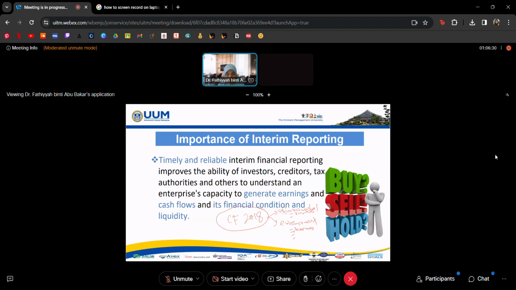Okay, so let's look back at the slide. It says interim financial reporting improves the ability of investors, creditors, tax authorities and others to understand an enterprise's capacity to generate earnings and cash flow and its financial condition and liquidity, like we discussed earlier. So the interim financial reporting provides all that information for investors to make a decision.